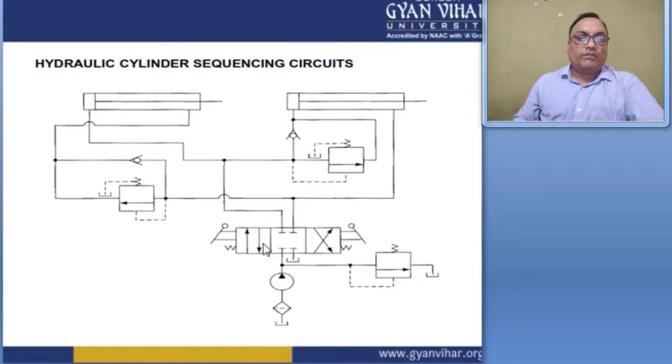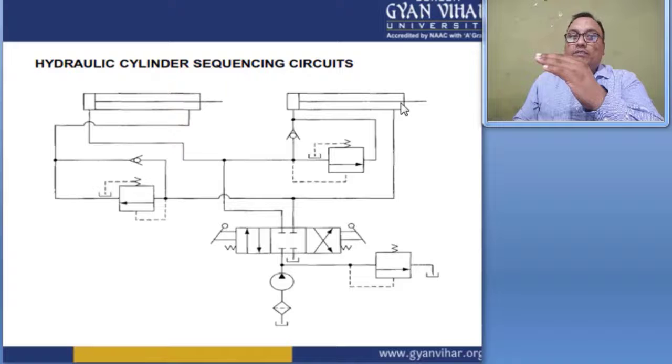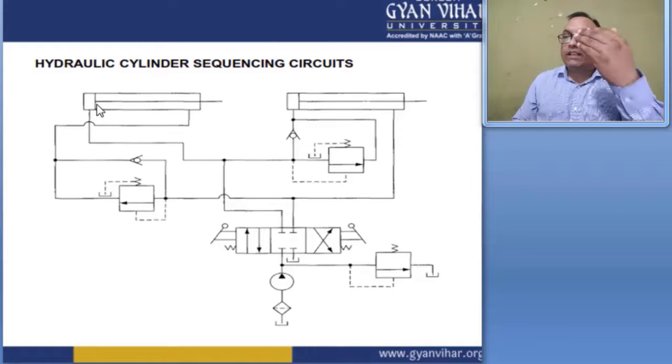If I am using the left side of the envelope, then at that time the left side cylinder retracts first, and then the right side cylinder retracts. If I am using the right side envelope, in this case the right side cylinder retracts first, and then the left side cylinder retracts second, right.